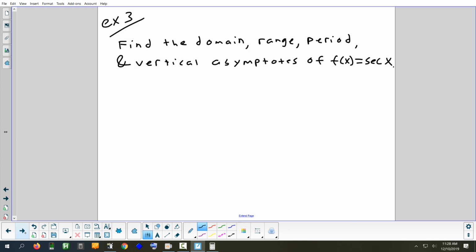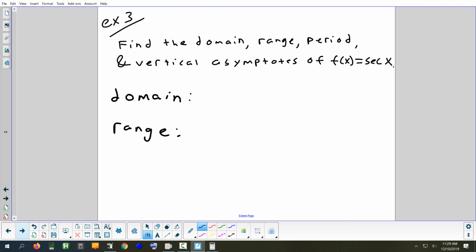So I want to find the domain, the range, period, and the vertical asymptotes of secant. I'm going to come back to the domain. We'll do that after. Range.